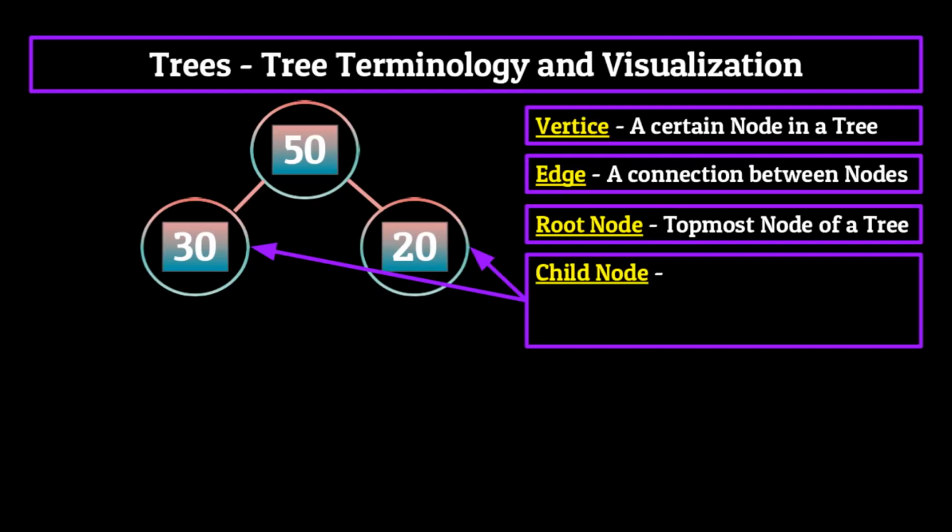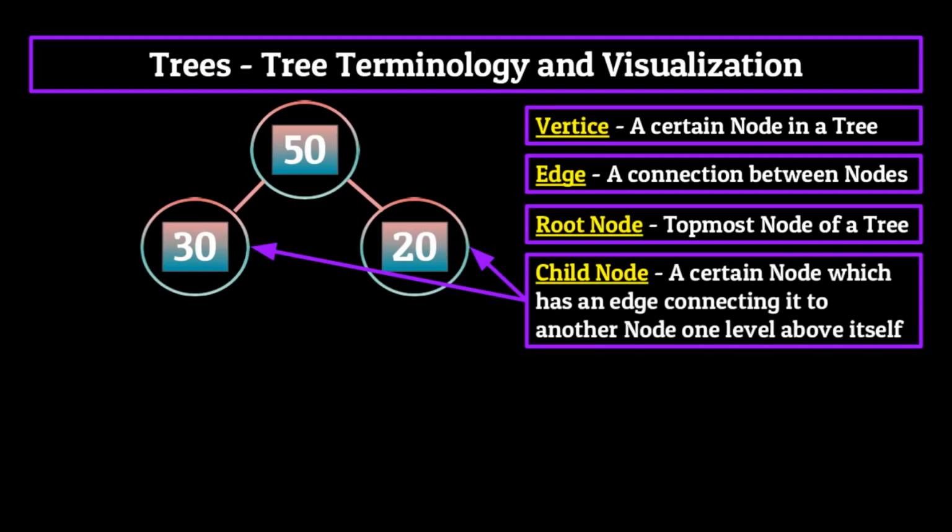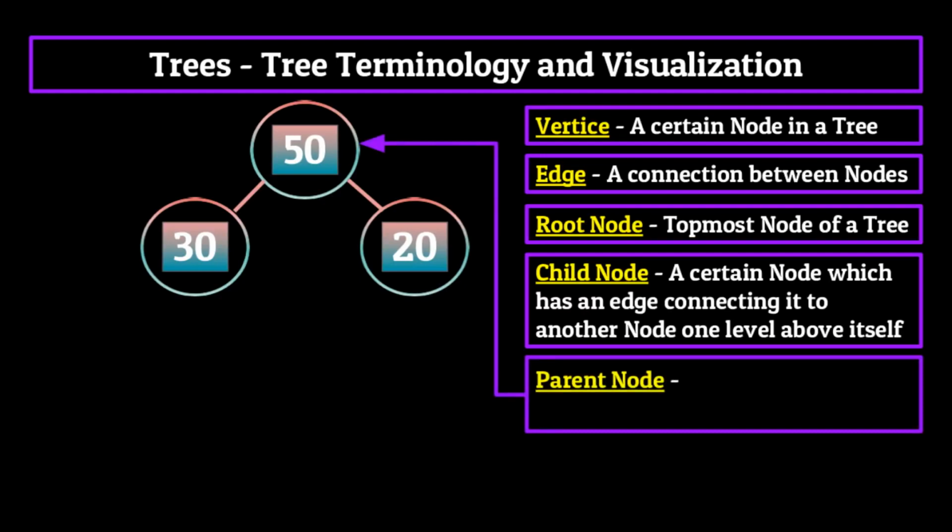Child nodes can thus be defined as a certain node which has an edge connecting it to another node one level above itself. Vice versa, the root node, the vertice containing the integer 50, is now what's called a parent node to these two child nodes. Thus, we can define a parent node as any node which has one or more child nodes.